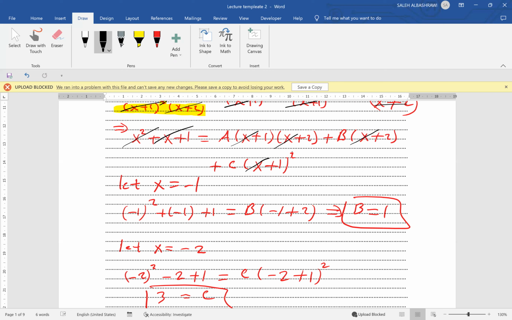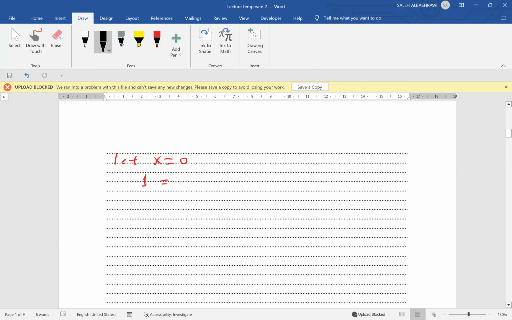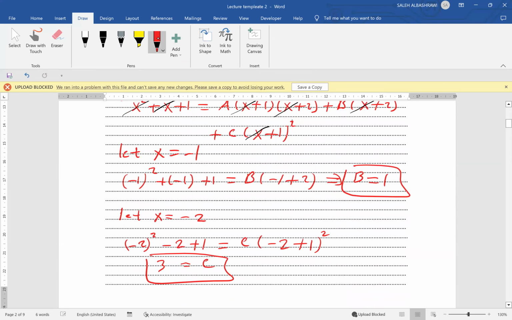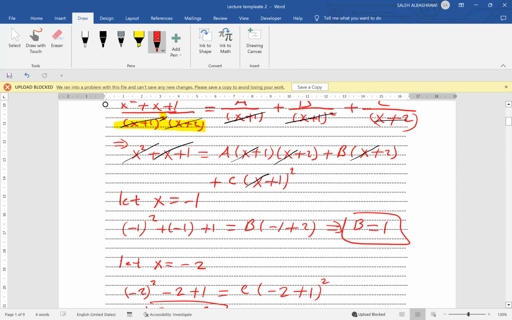So I will have 1 on the left hand side equal to a multiplied by 1 times 2 plus b times 2 plus c times 1. I will have only the constants: 1, 2, and 2, and 1 to power 2.